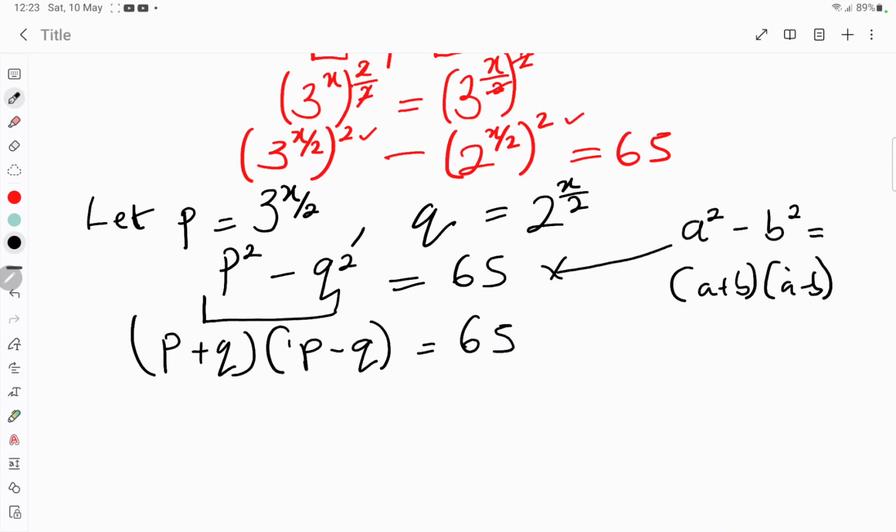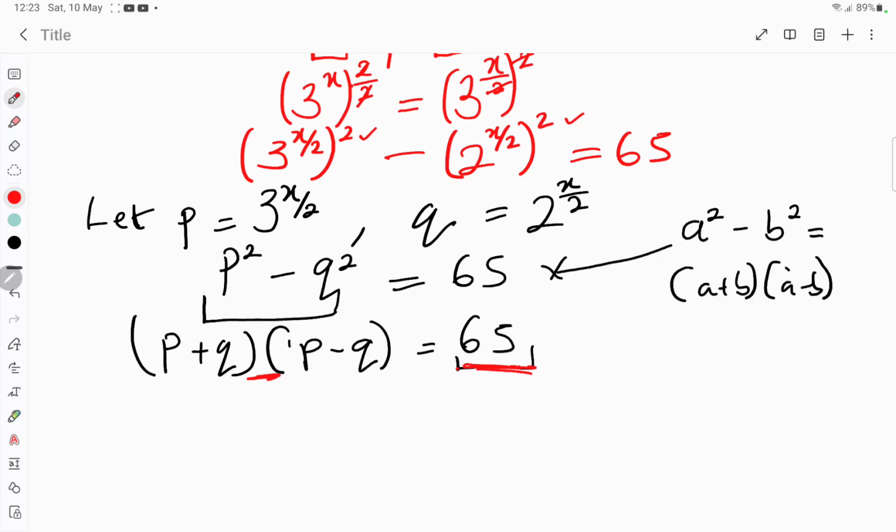Since we have this now, recall that these 2 are multiplying themselves. So we can do a little rearrangement in 65. Since these 2 are products, we are going to think of 2 whole numbers that multiply to give 65.